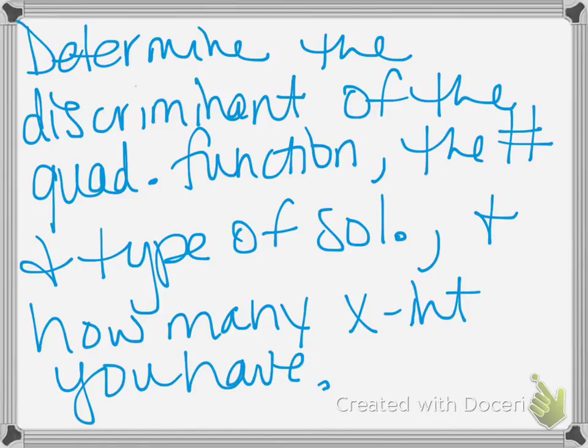Okay, so we're going to figure out what the discriminant is, the number and type of solutions, and then how many x-intercepts that we have. Okay, so there are 3 pieces of information I'm looking for here.